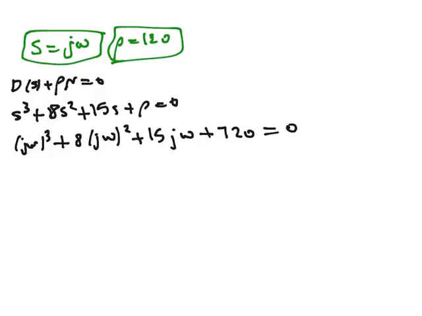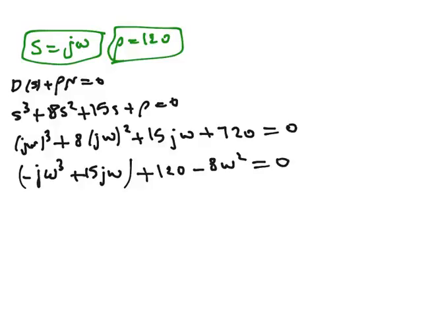Rewriting it, we have minus j omega^3 plus 15 j omega, plus 120 minus 8 omega^2 equal to 0.